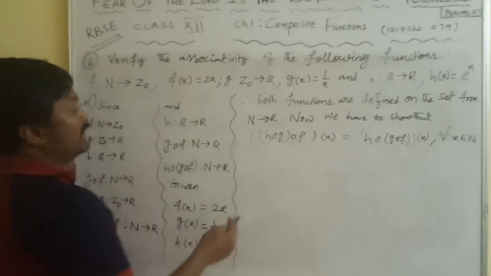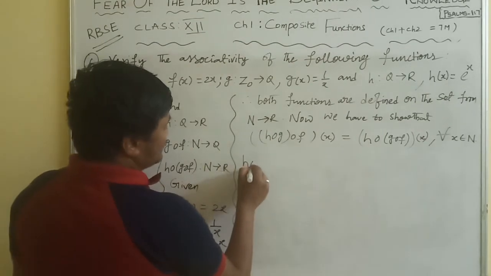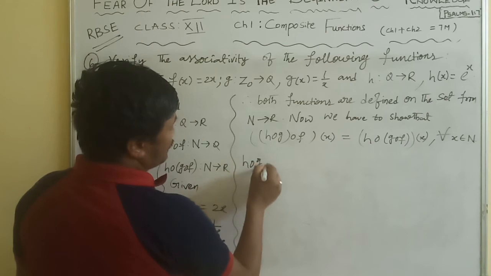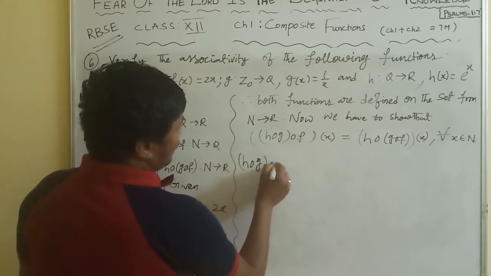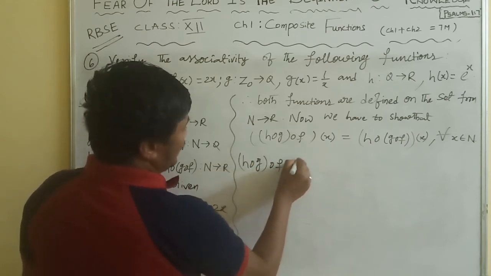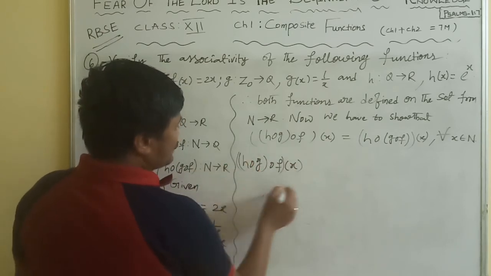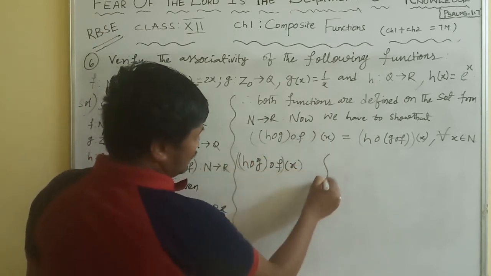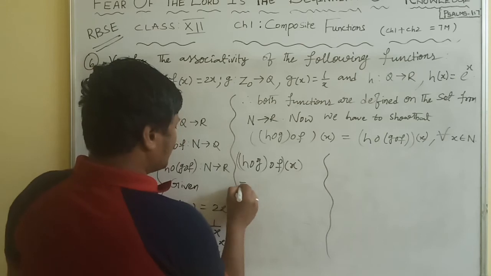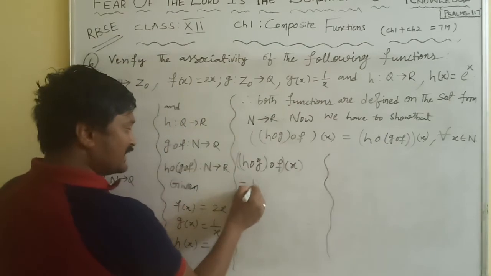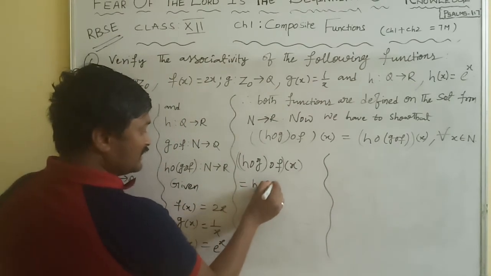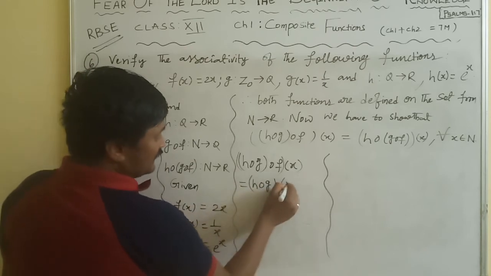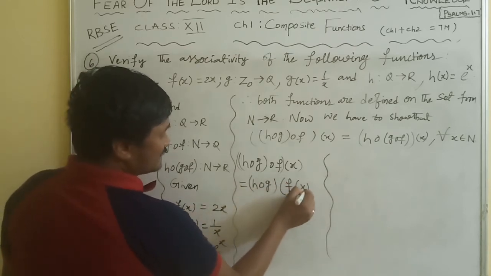So now let me find out first one, h circle g circle f of x. So now LHS I took here. So that is equal to, what can I write? This we can write h circle g of f of x.